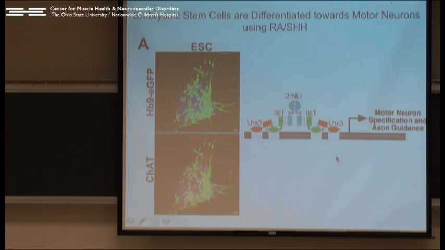We can then make motor neurons from these normal mouse embryonic stem cells, utilizing knowledge from Columbia University, Tom Jessell's laboratory, where we can understand motor neuron specification genes to induce these embryonic stem cells to turn into motor neurons.